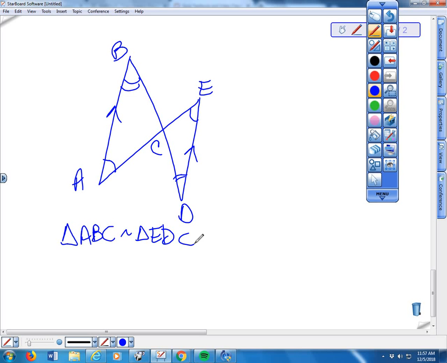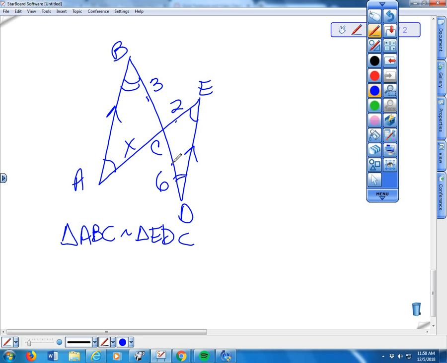Let's say this is 3 and 6, and this is 2 and what? It's not this side of the triangle that's proportional to this side. It's this side that's proportional to this side. So just be careful. You're going to have to follow the order that you label your triangles when you're doing your proportions as well. Does that make sense?